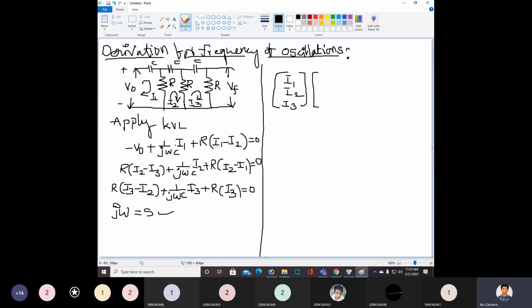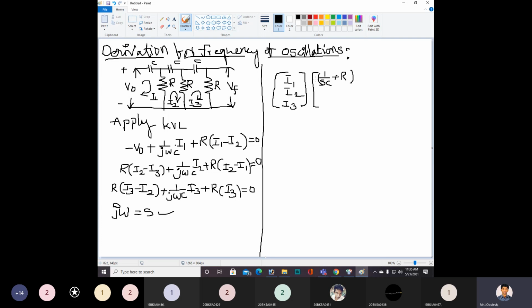Here also we have I1, right? Fine. So here we will get 1 by SC plus R. This is the first row, first element.